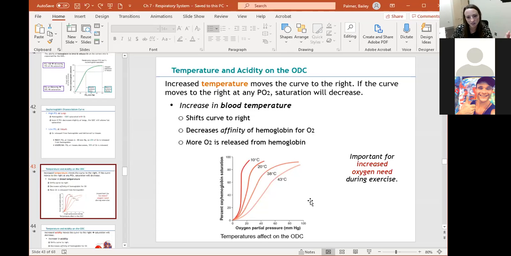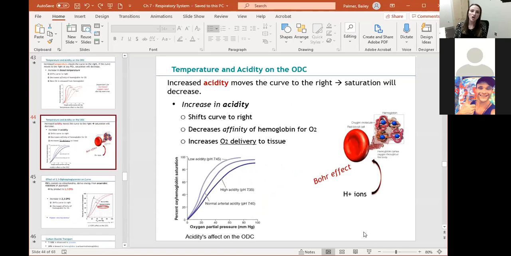This shows Celsius, and the higher the Celsius, the higher the temperature. This means decreased affinity of hemoglobin for oxygen. Affinity means attractiveness, so how attracted is that oxygen to the hemoglobin? Decreased affinity means it's going to let go, so more oxygen is released from the hemoglobin to the muscle tissue.